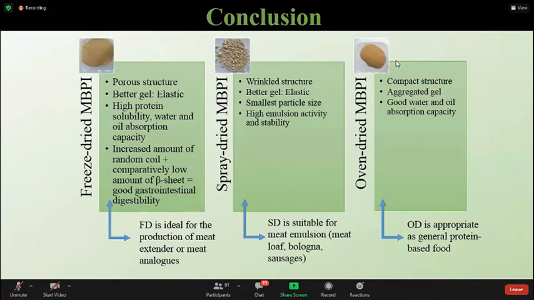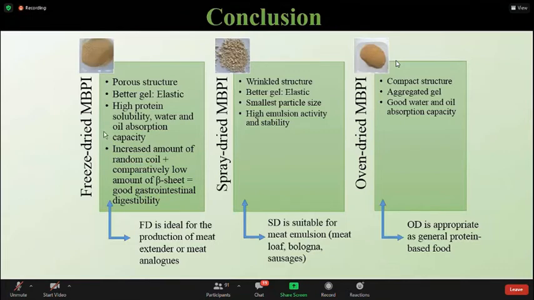If you look at the freeze dried mung bean protein, it gives a porous structure and better gel, which is an indication of its elasticity, and high protein solubility, and water and oil absorption capacity also very high.